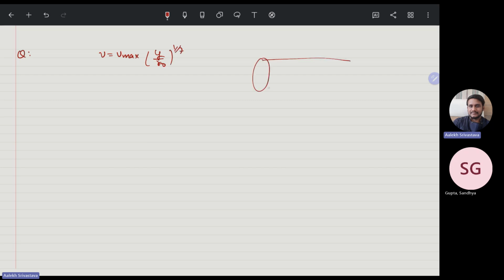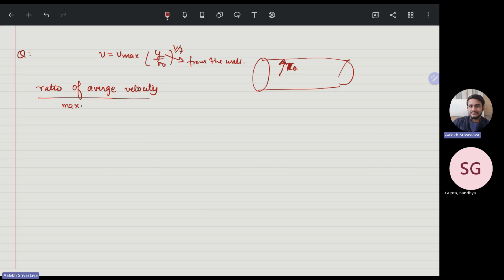It is the velocity in a pipe of radius r0, and r varies from 0 to r0. Here y is the distance from the wall, and we need to find the ratio of average velocity to maximum velocity.